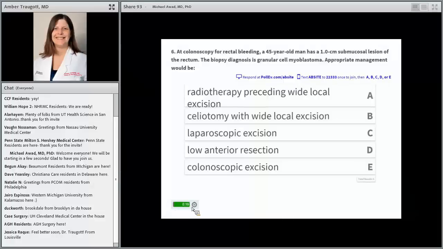Number 6, a colonoscopy for rectal bleeding. A 45-year-old man has a 1 centimeter submucosal lesion of the rectum. The biopsy diagnosis is granular cell myoblastoma.